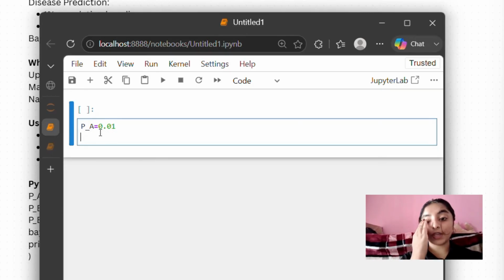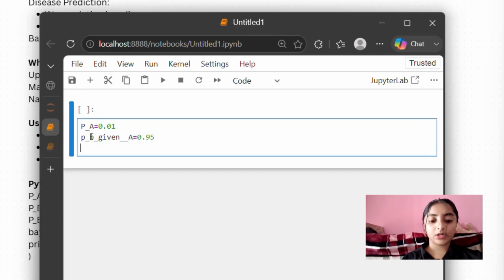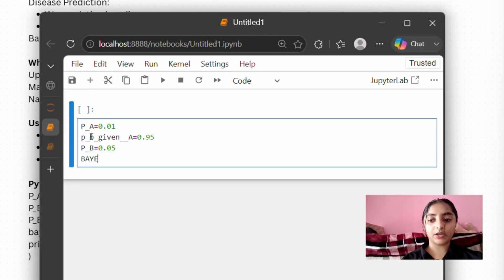Here we take P(A) as 0.01 because of the prior probability, meaning only 1% of people have the disease. Then P(B|A) is 0.95, and P(B) is 0.05, and next Bayes is equal to the formula.